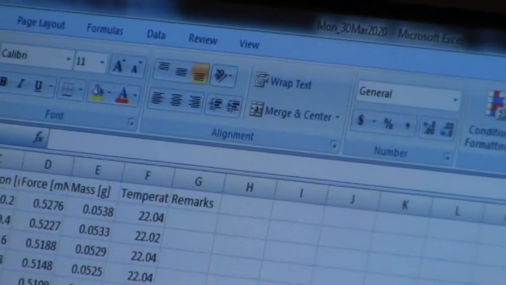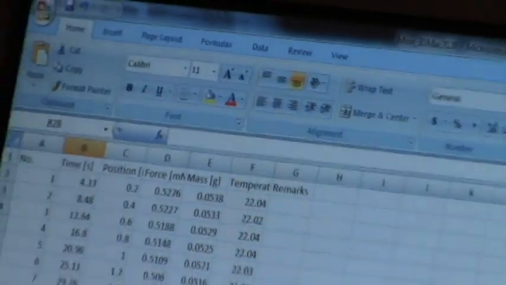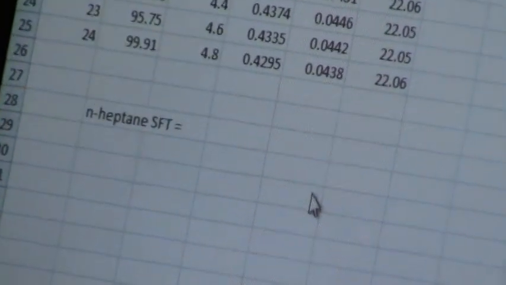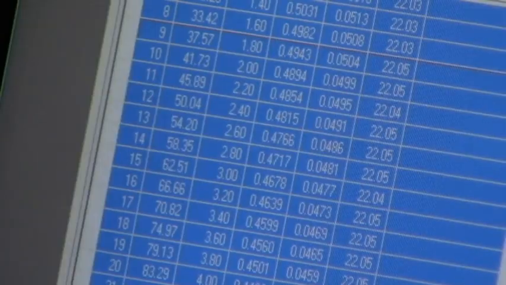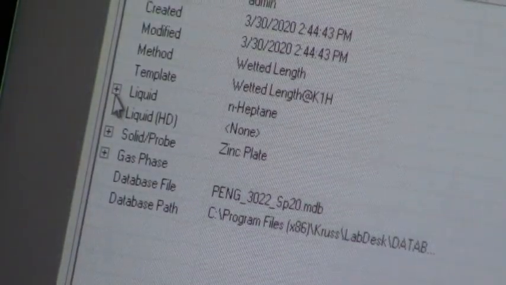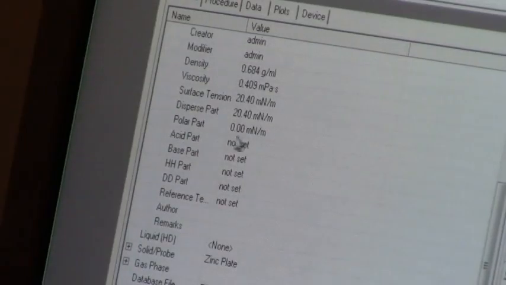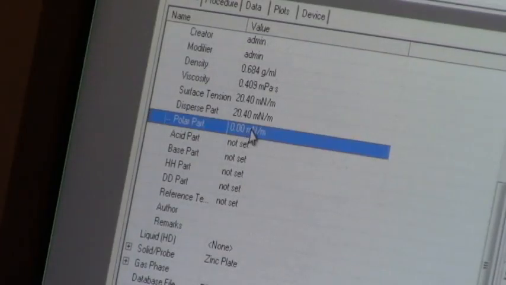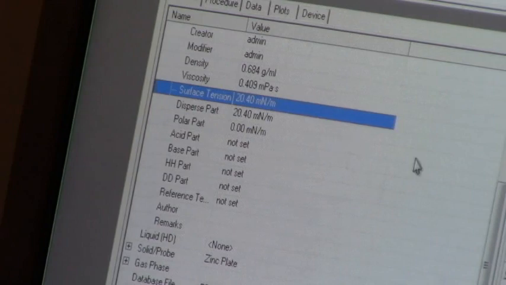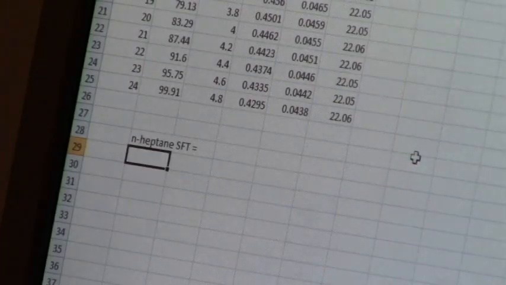Now, we know we need the N-heptane surface tension value. I'll get it from here. I go to the liquid, and I have the N-heptane. If you notice, the polar part is 0, so there is no polar part in it, which is good. And I read the surface tension as 20.4 millinewton per meter.